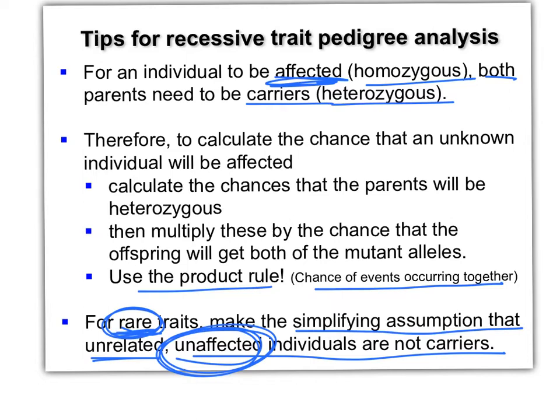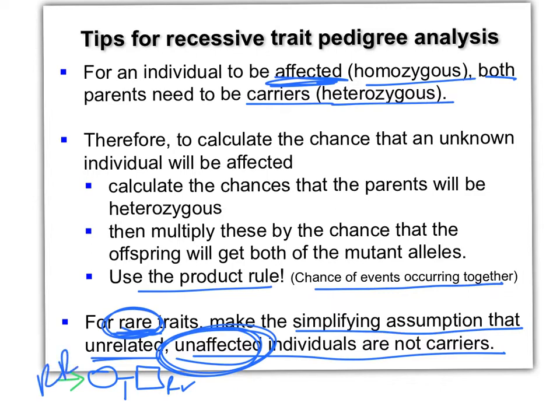So if two unaffecteds have a kid, even if we know, or we're guessing, this person is a carrier because somebody else in the family had it, and this person marries in, we would assume, what?